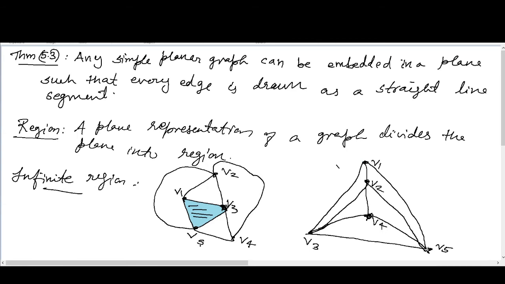Here you can see that V1, V3, V5 now represent the infinite region in the second figure, that means the unbounded region outside V1, V5 and V3. Any region can be made an infinite region by proper embedding. So, here we converted the V1, V3, V5 region into an infinite region in the second figure by proper embedding.